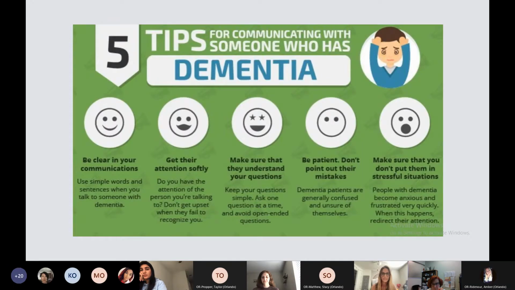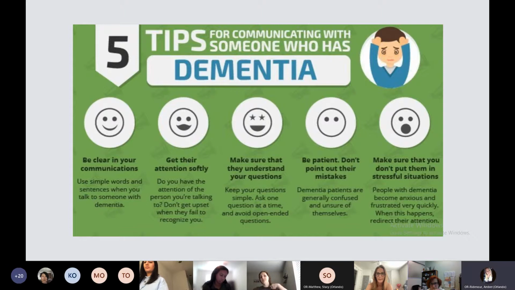And then this is just something that we found, therapeutic communication, and tips for dealing with a person with dementia. So, be clear when you're communicating, get their attention softly. Don't scream across the room, go up to them. Make sure that they understand your questions. So clear speech, not super aggressively long words.